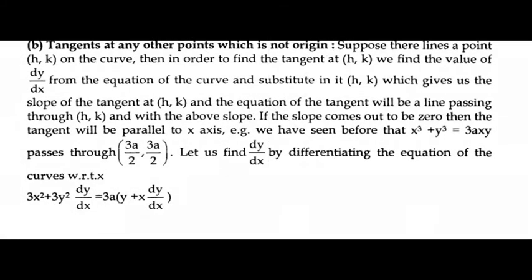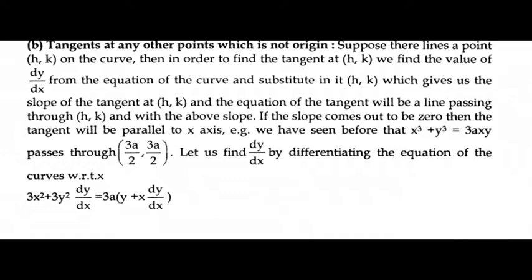Suppose we need to find the tangents at points which are not the origin. Suppose there is a point h, k on the curve other than the origin. Then in order to find the tangent at this h, k, suppose the curve cuts the x-axis and y-axis, other than the origin. To find the tangent at such a point, we have to find the value of dy by dx from the given equation.